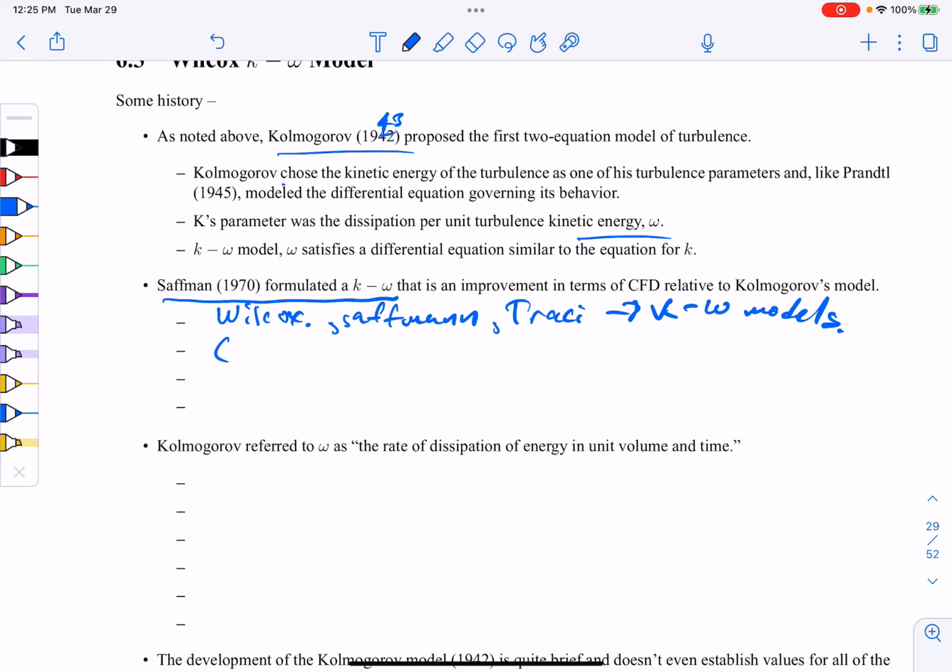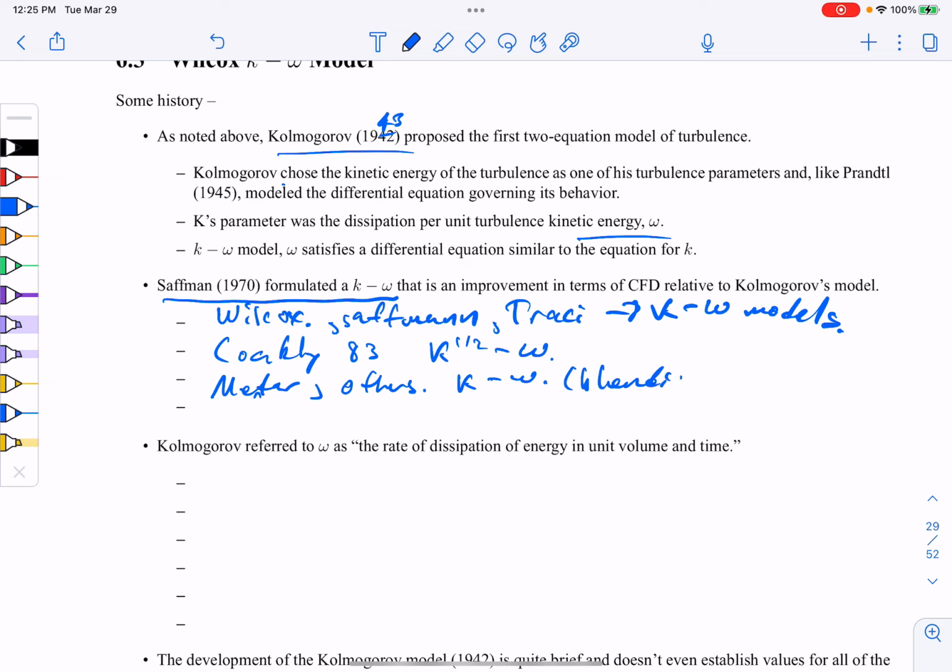A fellow named Coakley in '83 formed a k to the half omega model. People like Menter, who we'll talk about later, and others also made k-omega models, but they did blending, which is the Menter shear stress transport model, which we'll talk about.